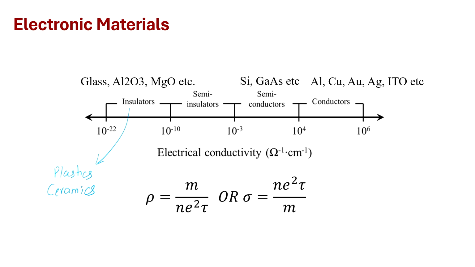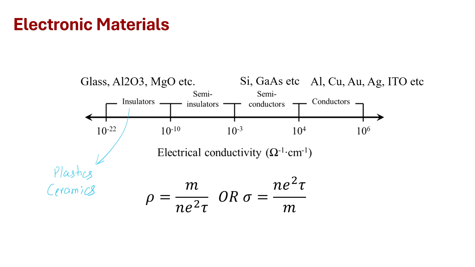Materials like glass or alumina or magnesium oxide, many of these oxide materials which are highly insulating ceramic materials, or plastics, fall in this range. That is why the electrical sockets are made of either ceramics or plastics.